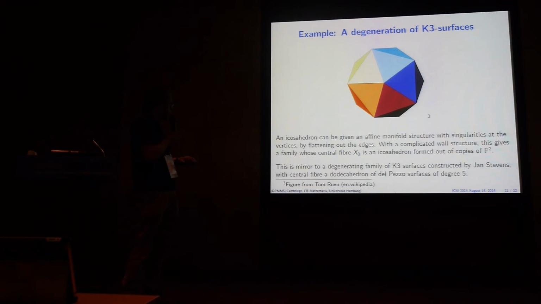So you have this family, and if you use that family to construct a mirror, you will find you have to start with this affine manifold. Now we suspect that the wall crossing structure we need here is very complicated, but we don't know.